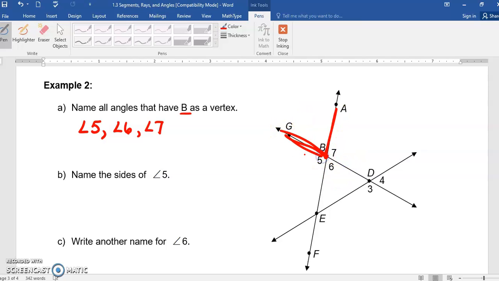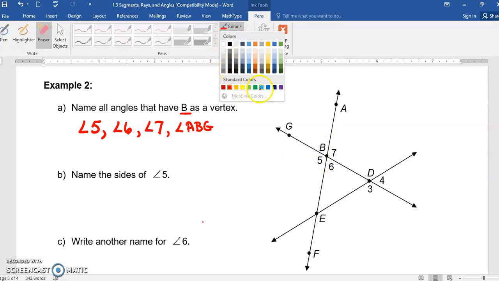Since they didn't give us a number on that one, we can't just say angle B, because there are lots of angles with that for a vertex. We can say angle ABG or GBA, as long as the B is in the middle. B must be in the middle.